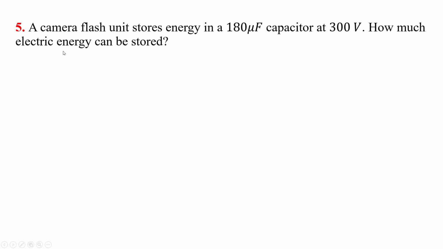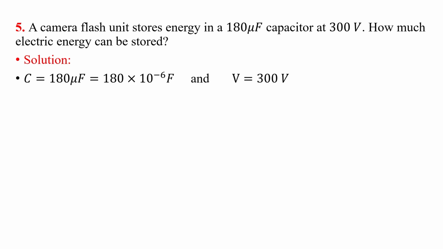Question number 5. A camera flash unit stores energy in a 180 microfarad capacitor at 300 volt. How much electrical energy can be stored? So you need to find the energy stored inside the capacitor. Here the capacitance value is given, that is 180 microfarad or 180 into 10 raised to the power minus 6 farad. Given voltage is 300.